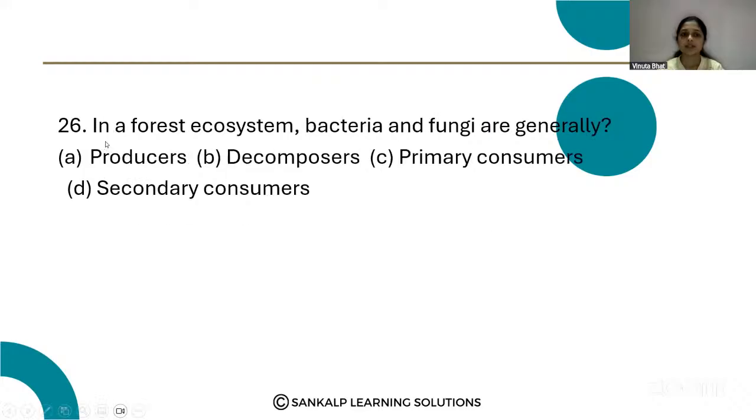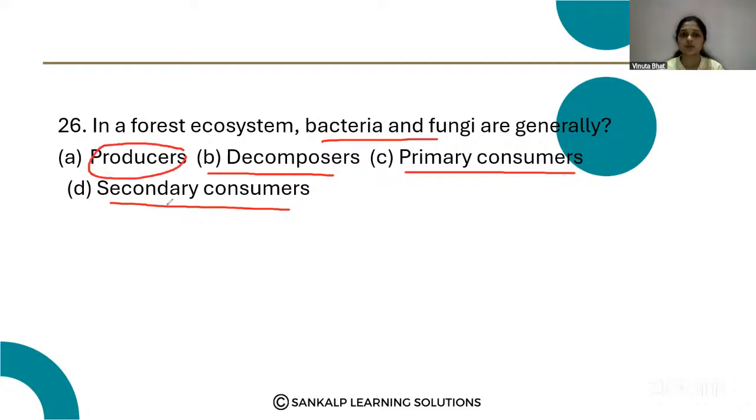Then question number 26. In a forest ecosystem, bacteria and fungi are generally option A producers, option B decomposers, option C primary consumers, option D secondary consumers. So bacteria and fungi are not the producers, right? Producers are the plants. Primary consumers, which directly depend on the producers, are called primary consumers.